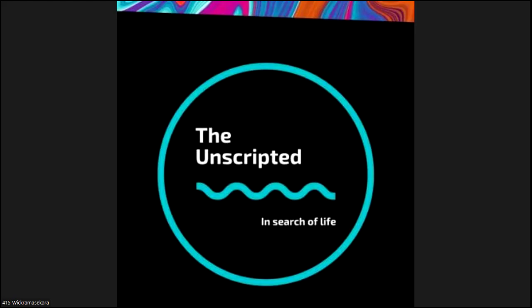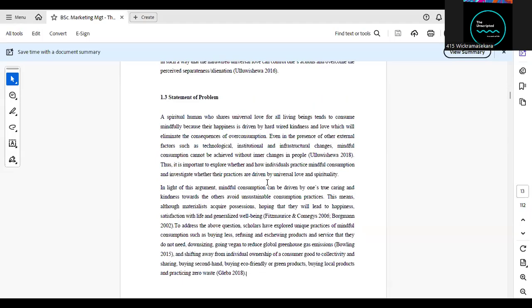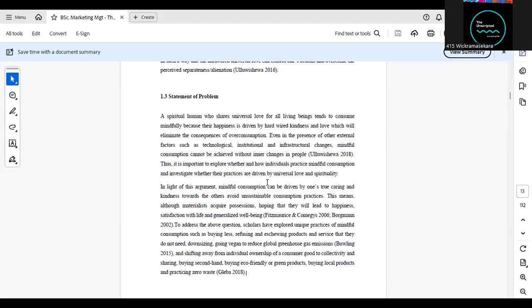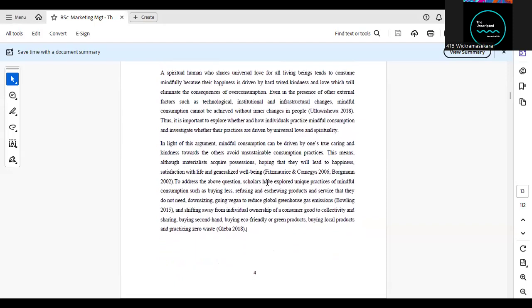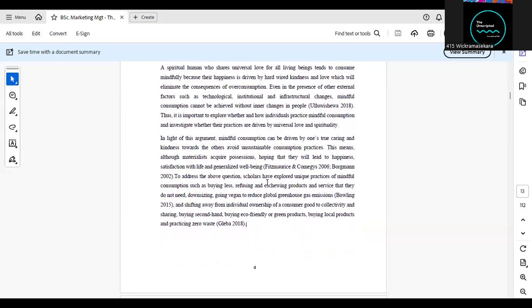So if I move to my study again, see, now I have said how spiritual humans can be used to solve the problem of overconsumption. And you can come up with different literature that speaks about such a connection, and then also you can say how it is a gap.